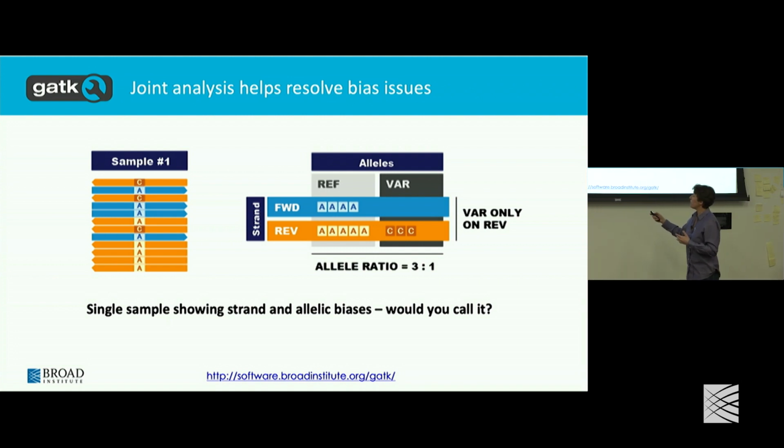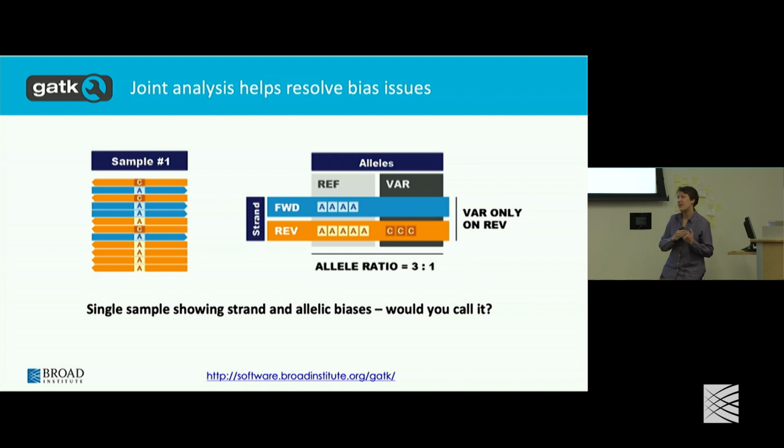The forward reads are the blue reads, and the reverse reads are the orange reads. If we break down how things are distributed, we see that the reference allele is represented on both forward and reverse reads, which is great, which is what we expect. But this variant allele, the C, we're only seeing it on the reverse reads.